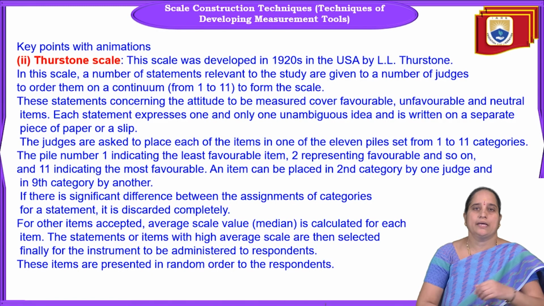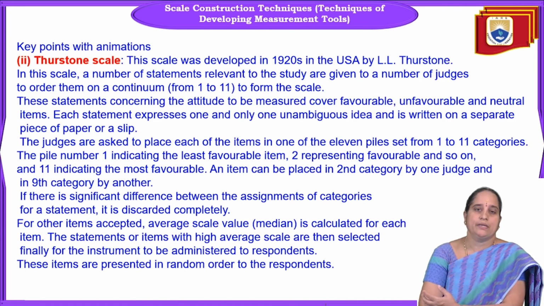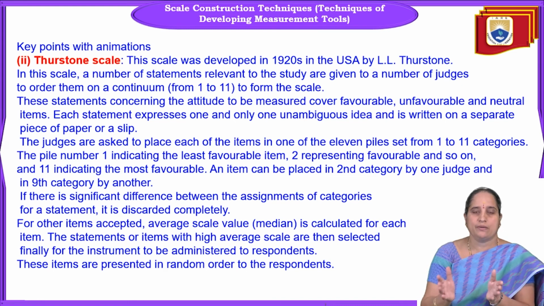The next type is the Thurstone scale, which was developed in 1920 in the USA by L. Thurstone. According to this scale, a number of statements which are relevant to the study are given to a number of judges, and we ask them to order them on a continuum from 1 to 11 to form the scale.